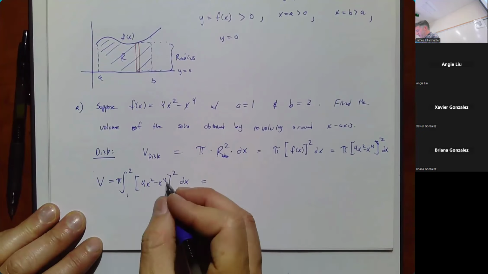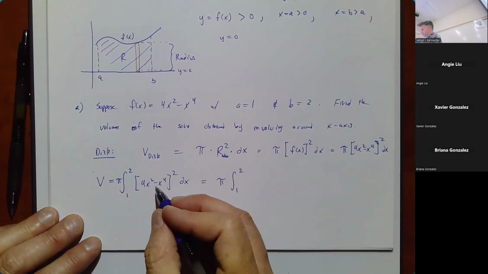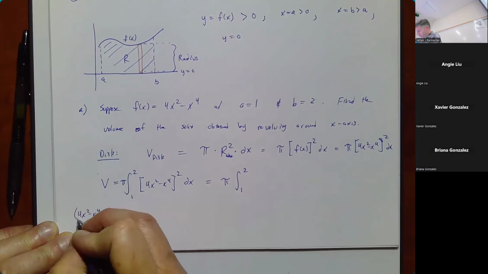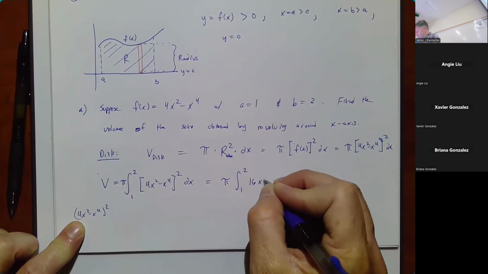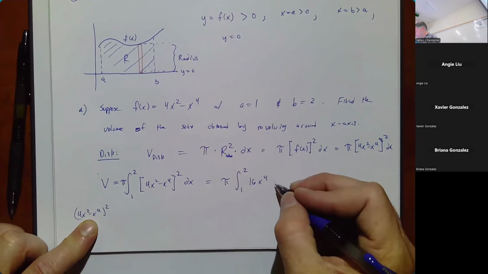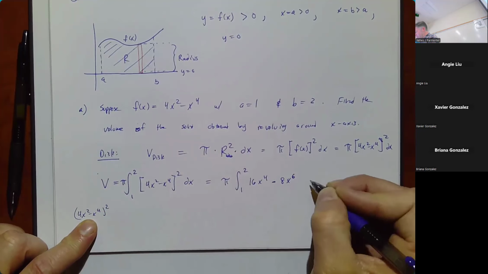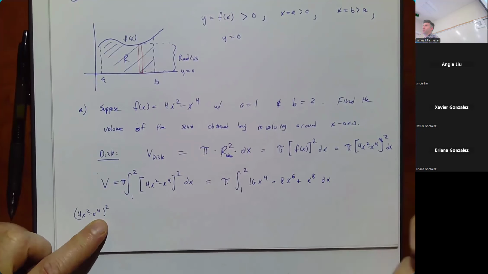So we have to multiply this out. We've got pi times the integral from 1 to 2, 4x squared minus x to the 4th squared is going to be 4x squared squared, which is 16x to the 4th, minus 2 times 4x squared times x to the 4th, which is going to be minus 8 times x to the 6th, plus x to the 4th squared, which is x to the 8th.